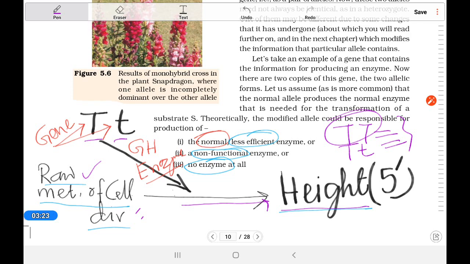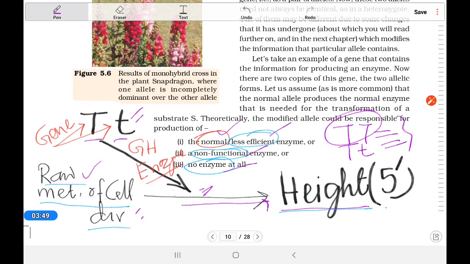Now if one gene is functional, it can do its normal activities. The other gene on the side is either less efficient or non-functional, or it cannot produce any enzymes. It can be compared to your two hands.